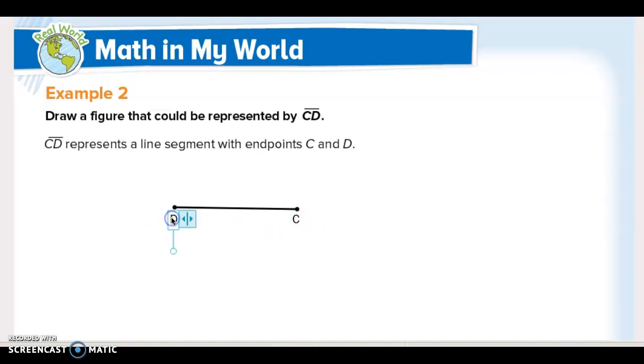This is still line segment CD. I could also say it's line segment DC. If it makes you feel better, you can flip them around. This is line segment CD. Again, 2 endpoints make it a line segment.